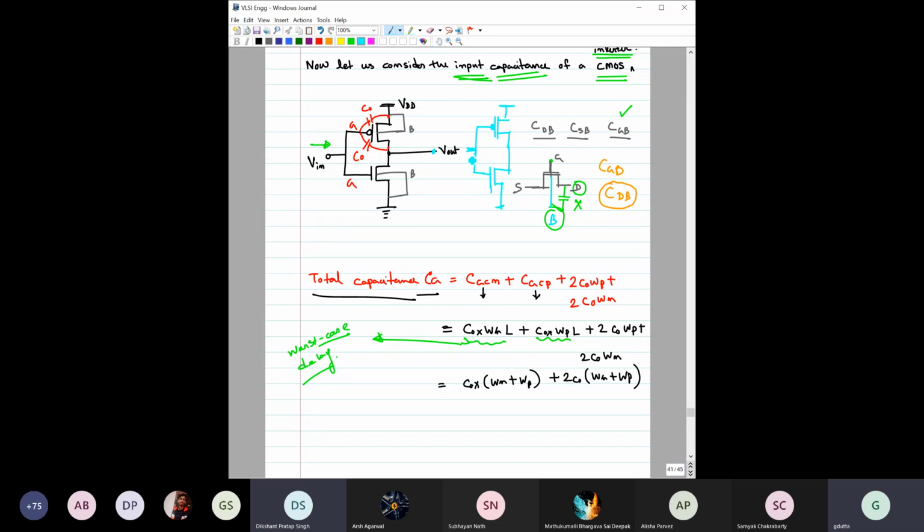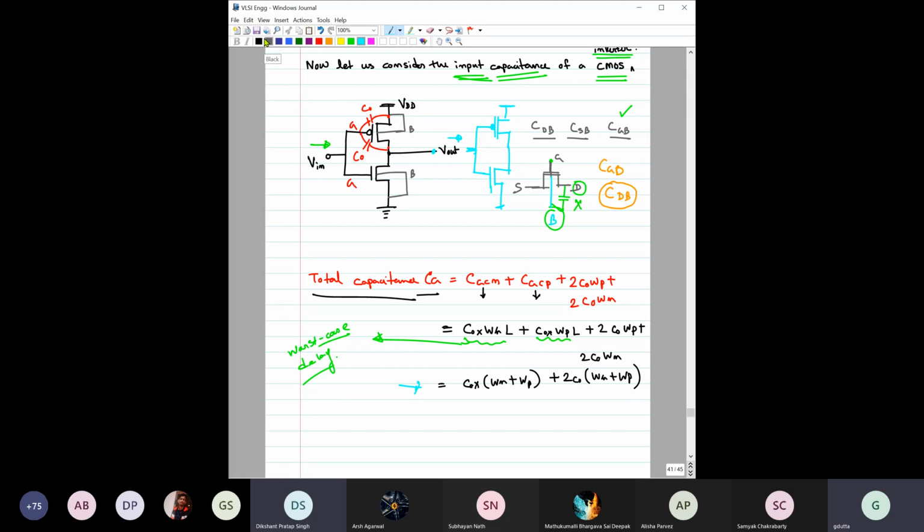For that, you should know what is the capacitance that you are seeing from here. That part we can now calculate, that is, what would be the capacitance seen by the first inverter if it is driving a next inverter. So it is very important to know how to calculate the input capacitance of an inverter. I hope this part is clear to you.